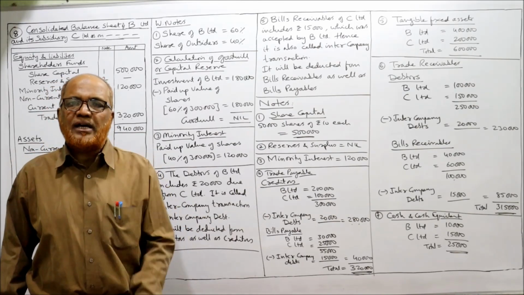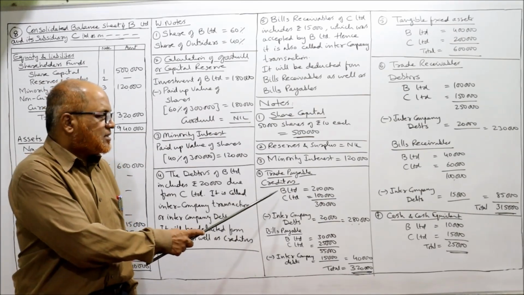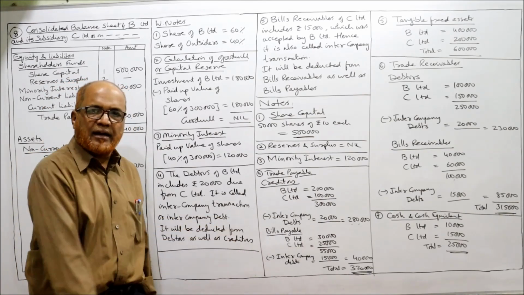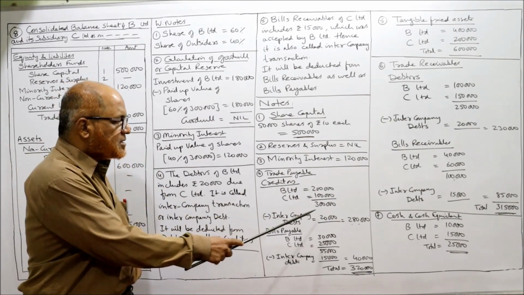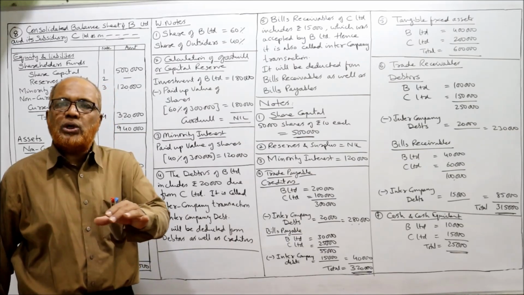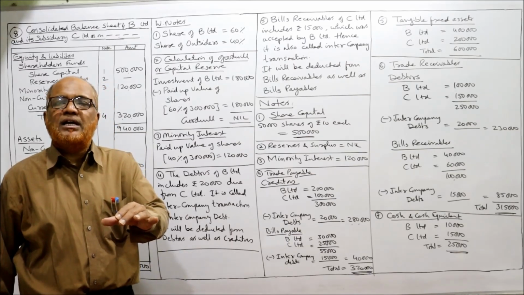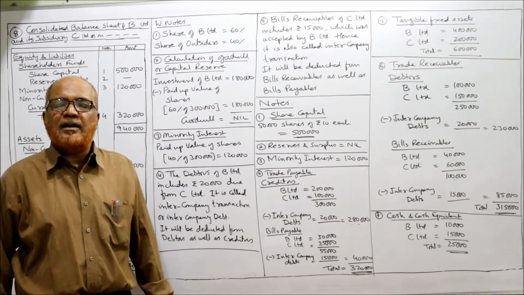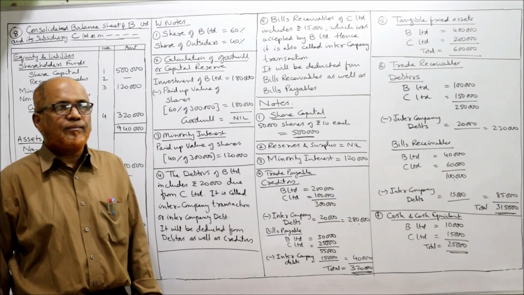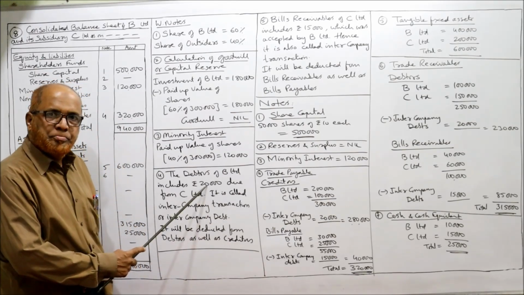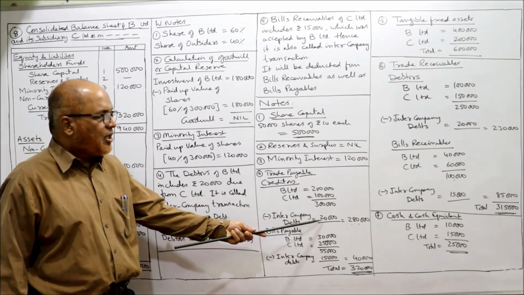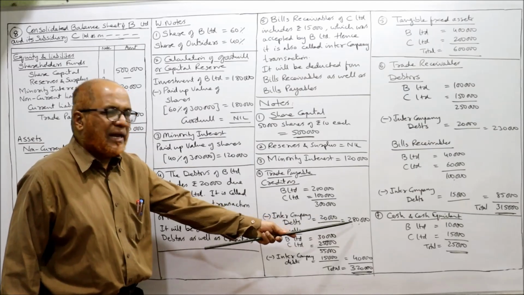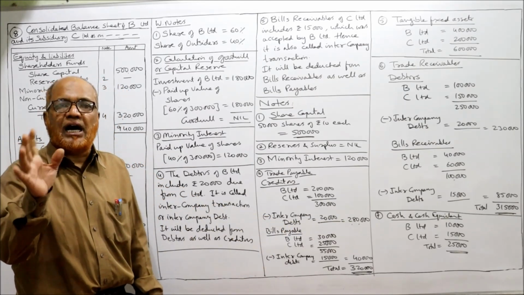In the balance sheet you can see the creditors of B Limited 2 lakh, C Limited 1 lakh. So total creditors are 3 lakh. From total creditors we deduct intercompany debt. The intercompany debt is 20,000. So 3 lakh minus 20,000, 2 lakh 80,000 is the creditors.